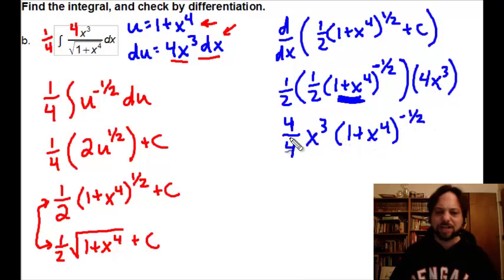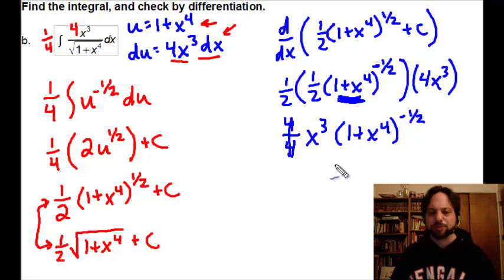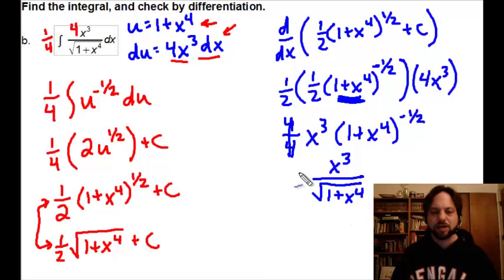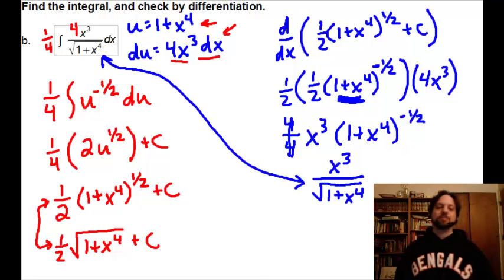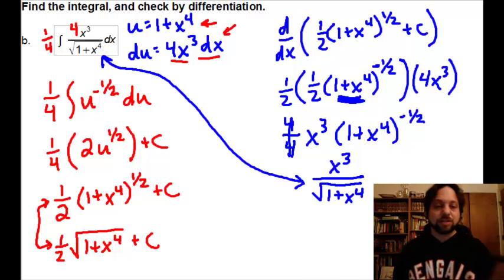And if I simply rewrite it, it would be x cubed all over the square root of 1 plus x to the 4th. And notice that is exactly where we started. Our result is correct.